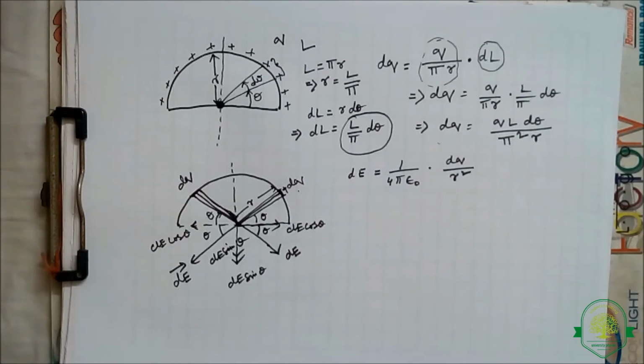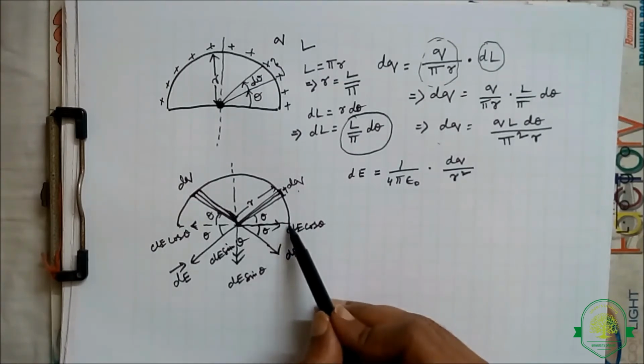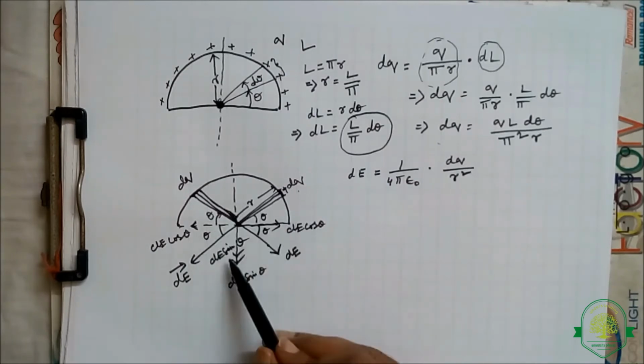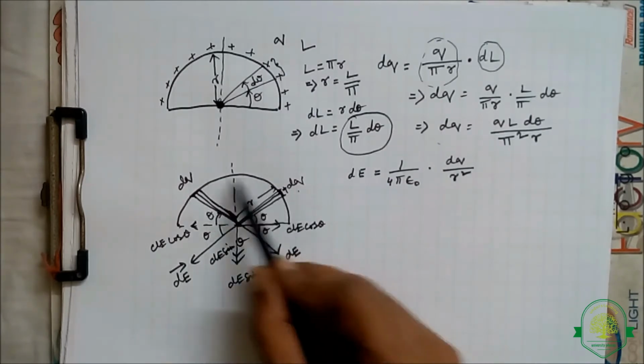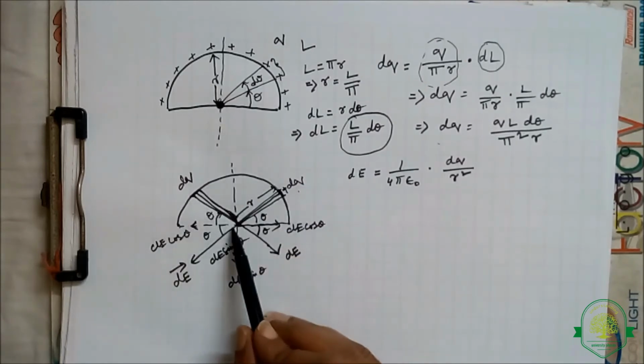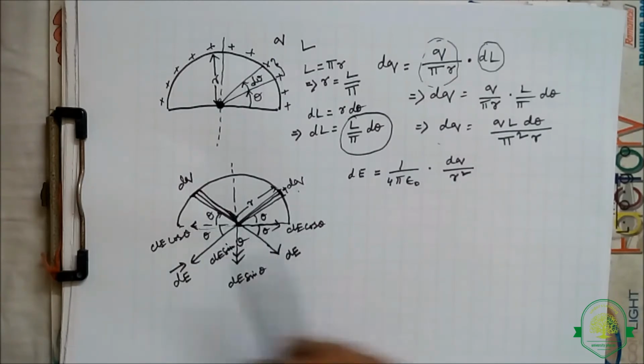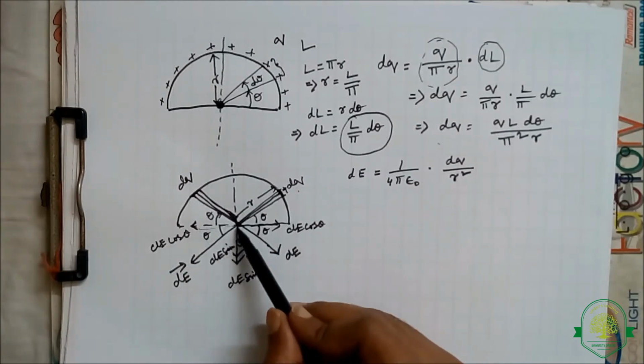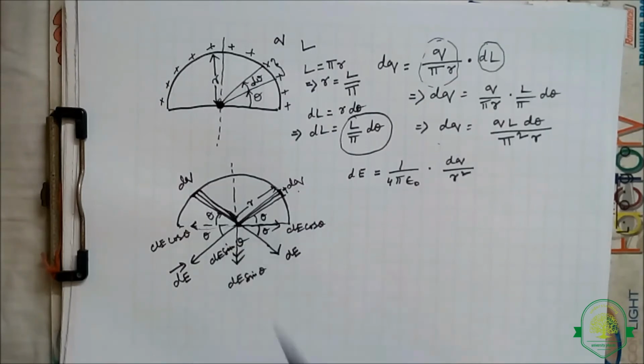So in that way we can say that if we integrate the contributions of the electric field in both directions due to each of the elements throughout the semicircular wire, then the components along the x-axis will always cancel each other out and we'll be left with only the contributions along the negative y-axis.